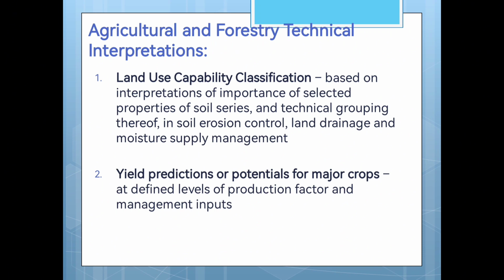So maybe there is a possible reason. Bakit? It can be shallow yung lupa or depende or mabato or palagi nababahaan or anything. So you have to consider soil survey first para alam mo kung ano yung general picture of the area.